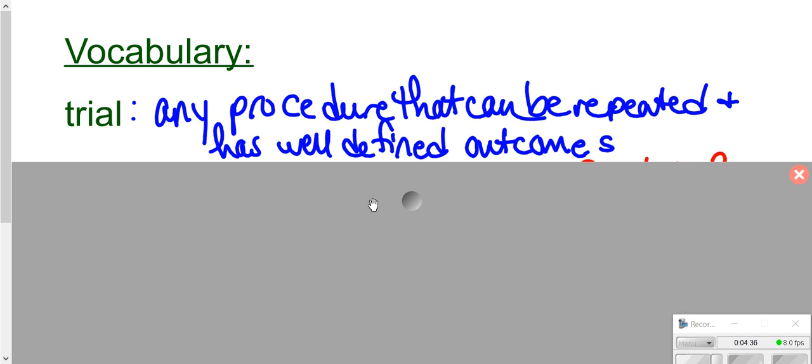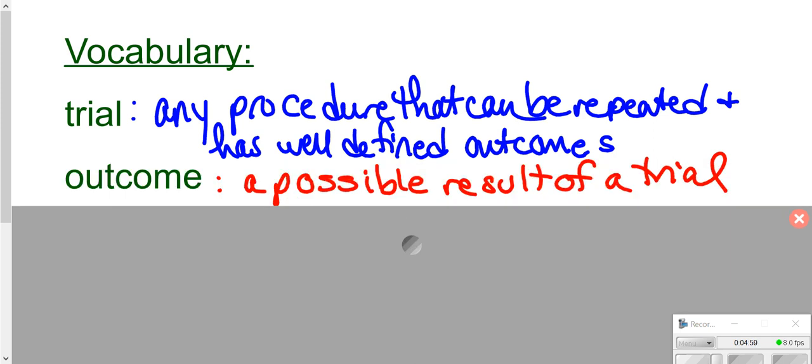Okay, vocabulary. A trial is any procedure that can be repeated and that has well-defined outcomes. So a trial might be something like flipping a coin, right? Every time I flip a coin, that coin flip is something that I can repeat, and it has well-defined outcomes, either heads or tails.